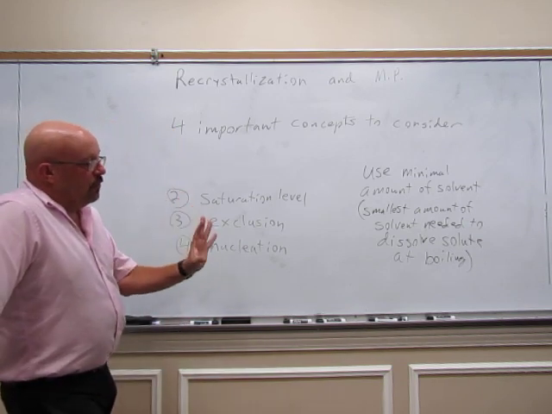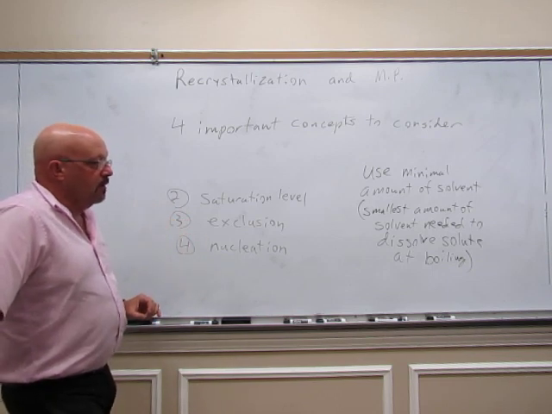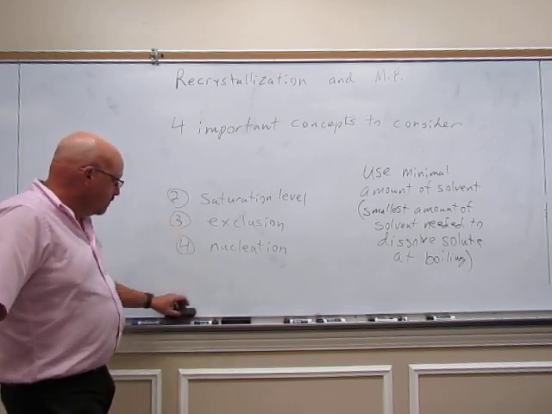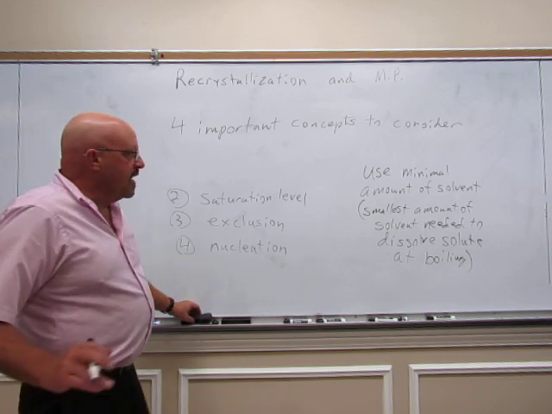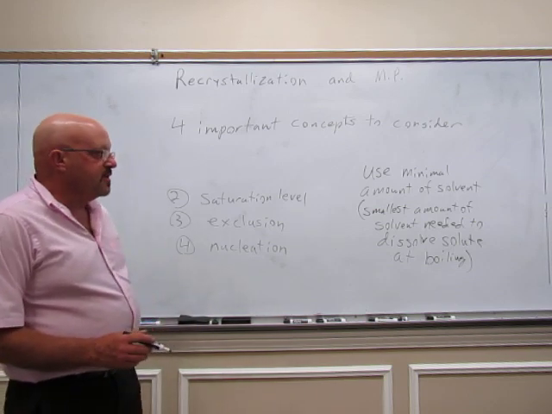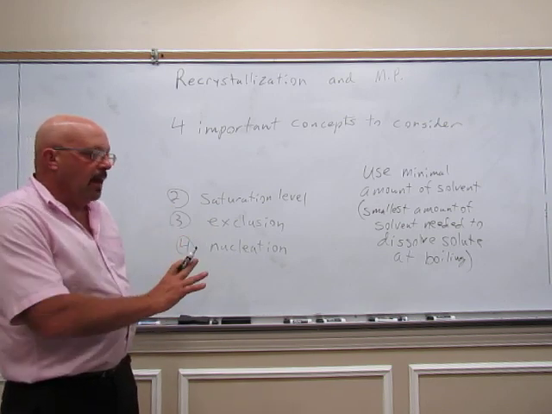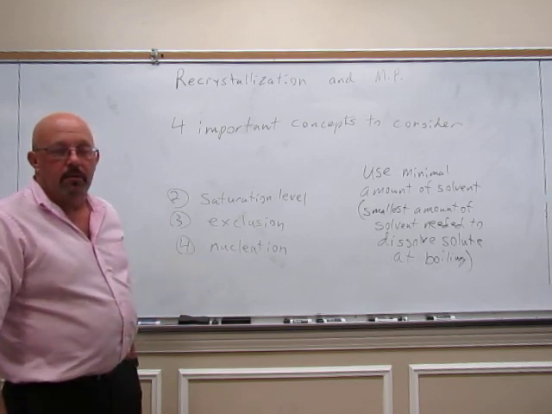Now, if we've used the smallest amount of solvent, got it just dissolved at boiling, no extra solvent, then we have a saturated solution. This would be a saturated solution there at the boiling. It's dissolved all it can hold and no more.